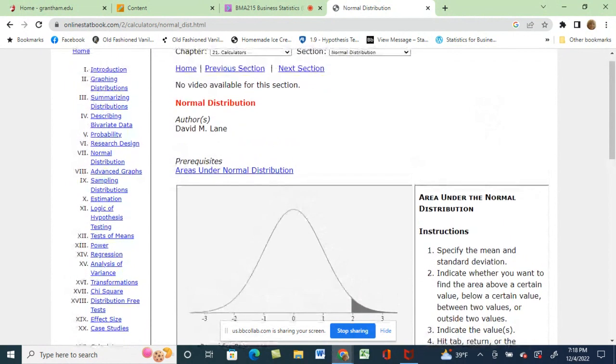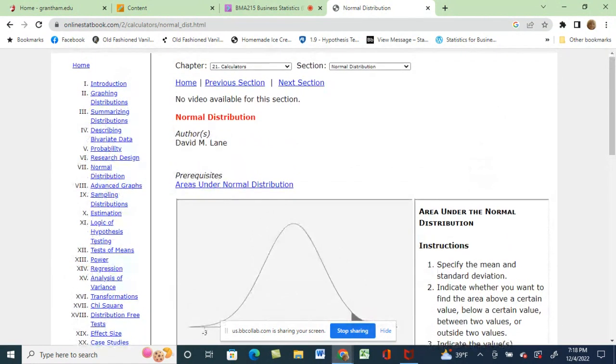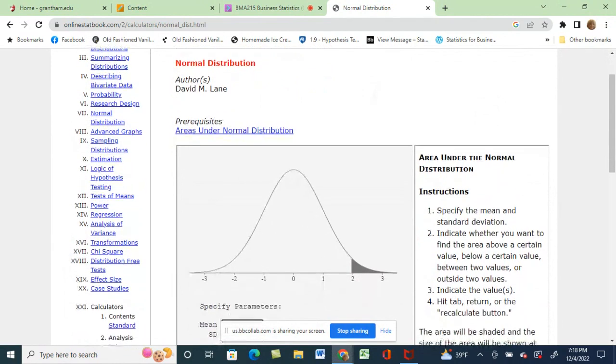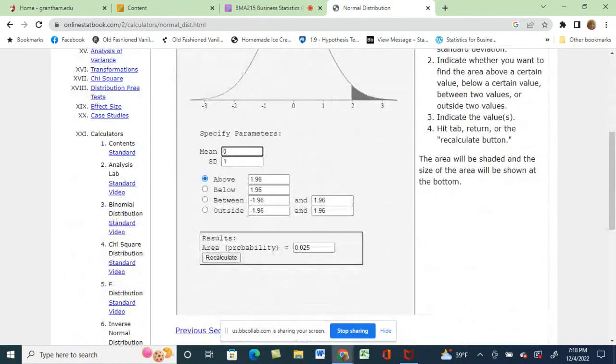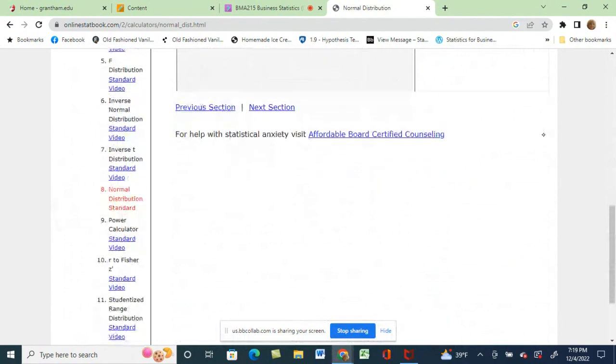Because, well, let's just talk about number 5. Okay, and what this is. I love this calculator only because notice it says on top normal distribution. And if you go to the side, in the left-hand menu, I'm scrolling down. Number 8 is normal distribution standard. That's the calculator that you want.